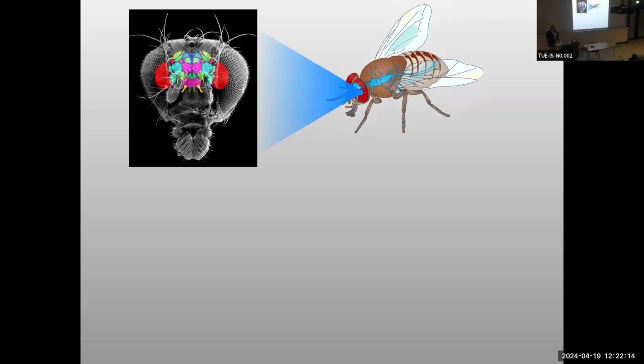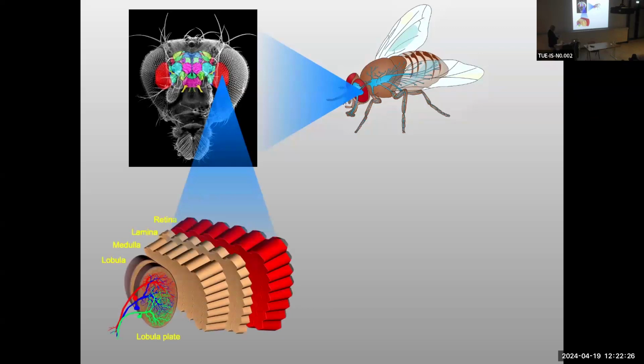The optic lobes in the fly are like the mammalian retina, concerned with image processing of the signals they receive from the facet eye. The optic lobe is built from several layers of neuropils called the lamina, the medulla, the lobula, and the lobula plate. Each is built from retinotopically arranged columns, which repeat the columnar structure of the retina.